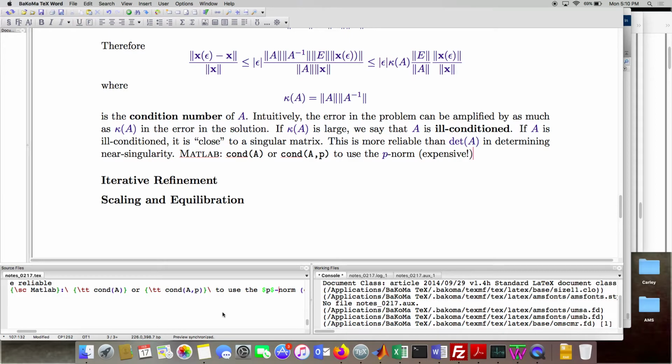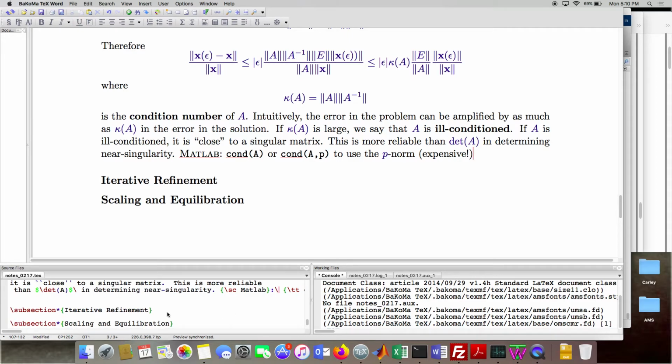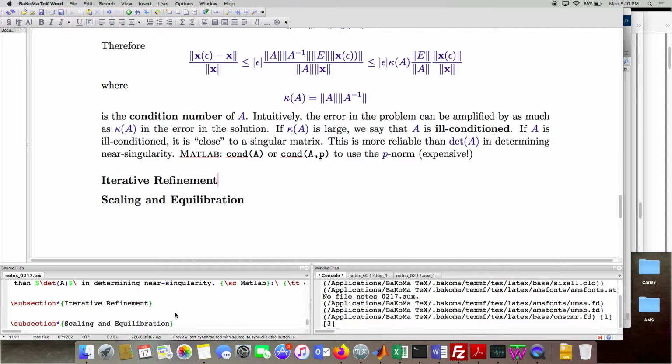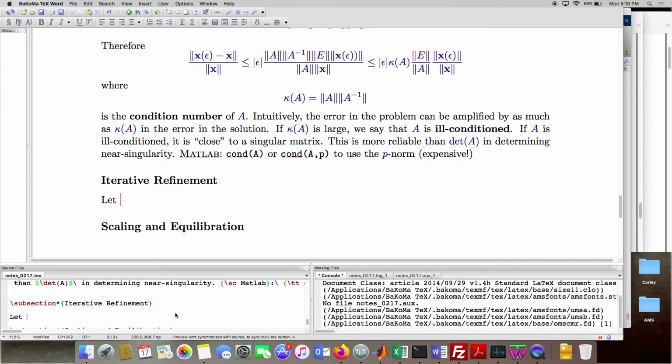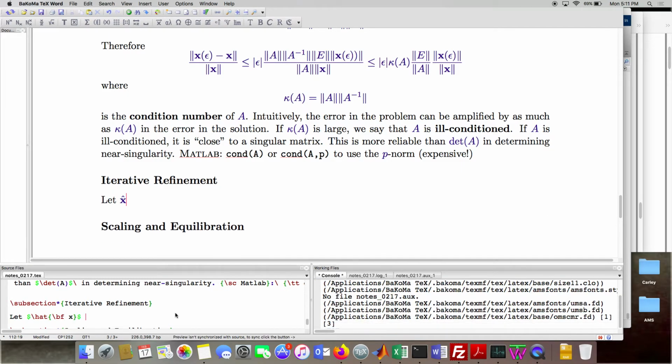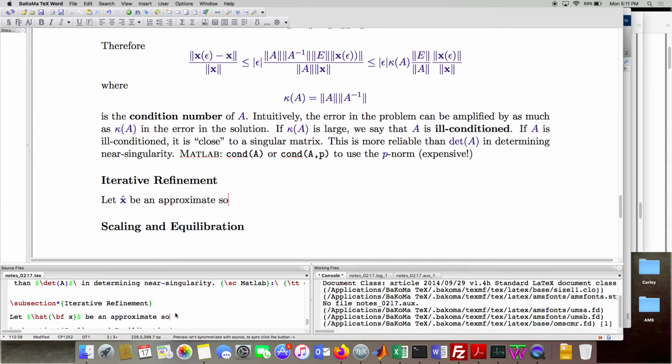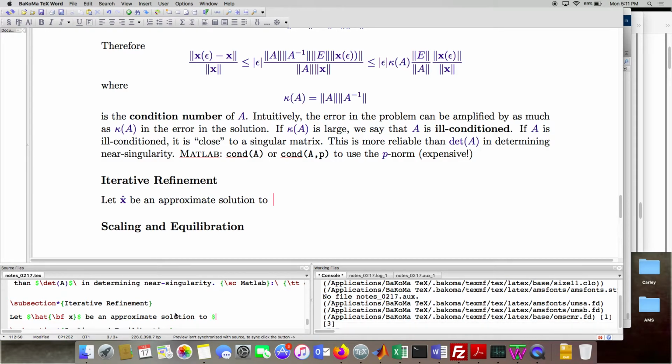Now, the last thing I want to mention. Let's do an approximate solution to Ax equals b.